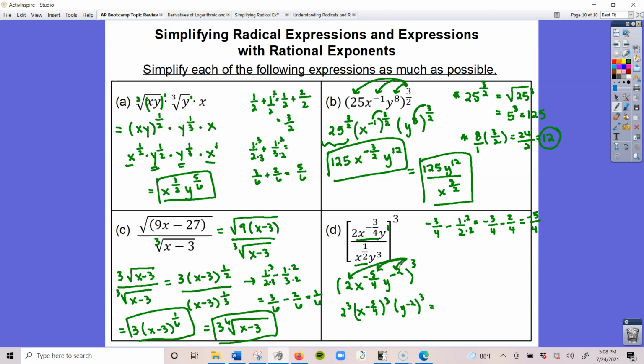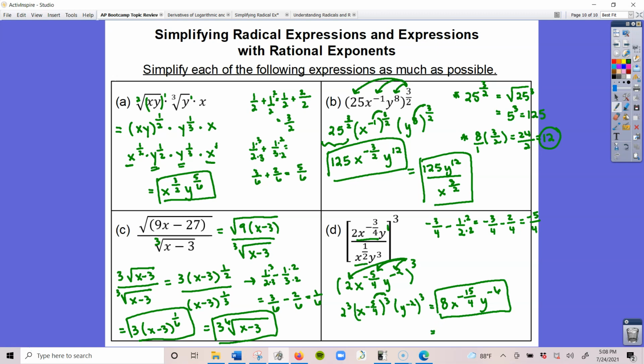2 to the 3rd, that's 2 times 2 times 2, which is 8. Then here we're going to multiply negative 5 over 4 times 3. So that would be x to the negative 5 times 3, which is negative 15 over 4. And then y, negative 2 times 3 is negative 6. So this is one acceptable answer.